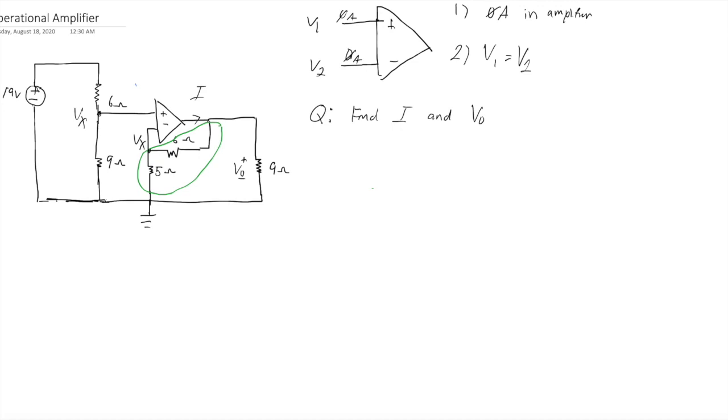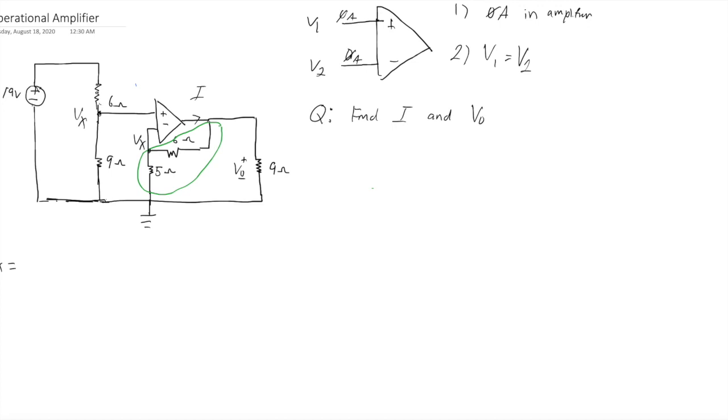So Vx is going to be the voltage across the 9 ohm resistance. And why do we know that? Because Vx is the voltage after the voltage drop across the 6 ohm resistance. Now don't forget that the voltage across a resistance symbolizes how much voltage you're going to be losing.